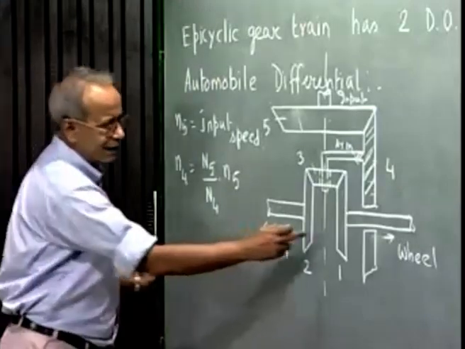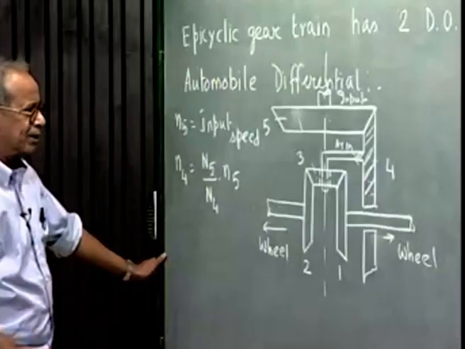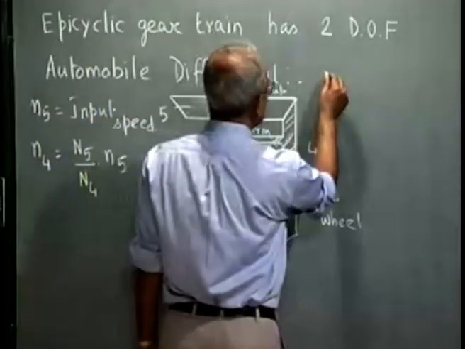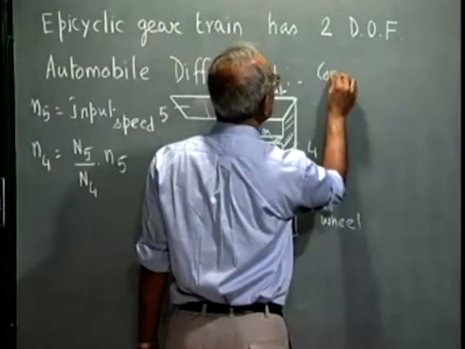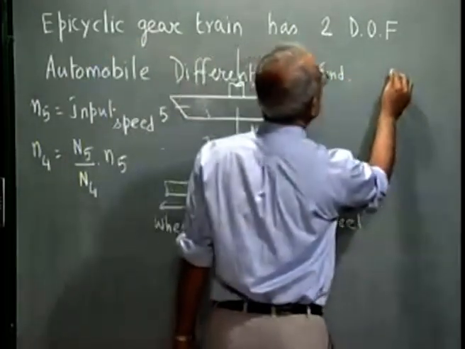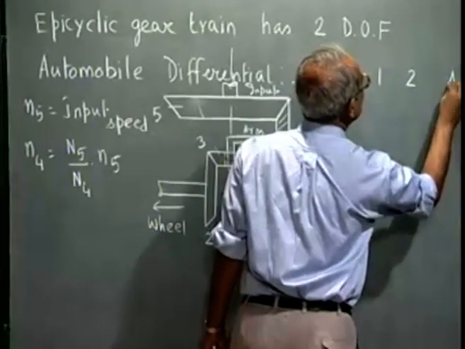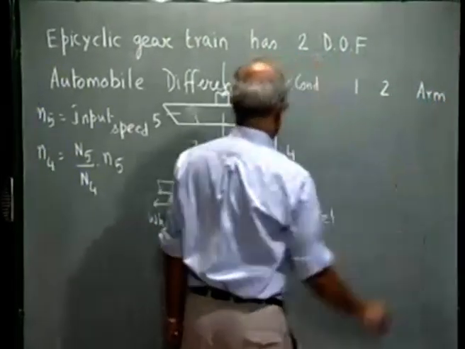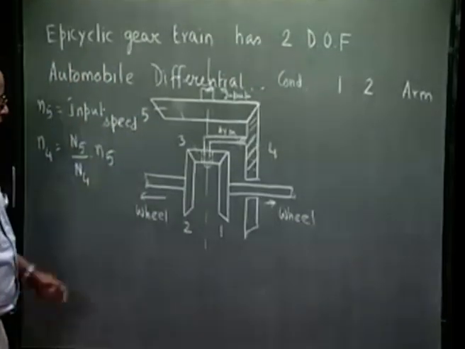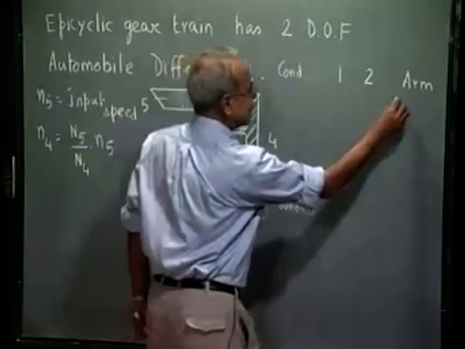To analyze this epicyclic gear train, we follow the same tabular method which I said earlier. We talk of conditions, and we are interested in gear number 1, gear number 2 and the arm. This gear 1, gear 2 and the arm, or gear number 4, they are the same.